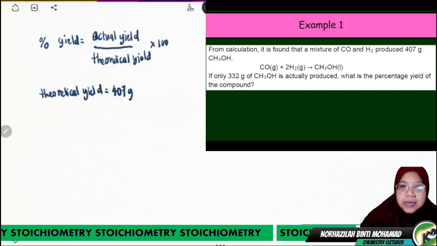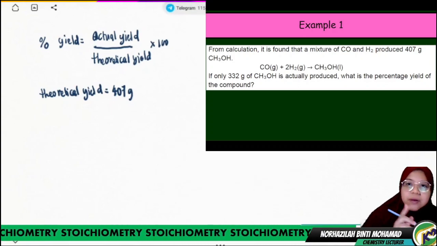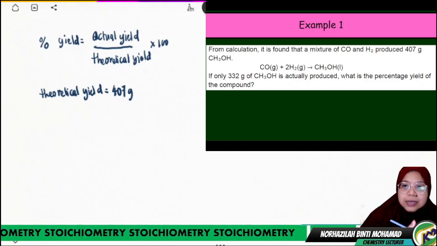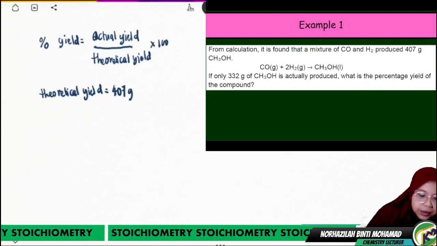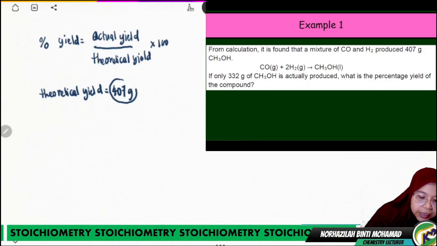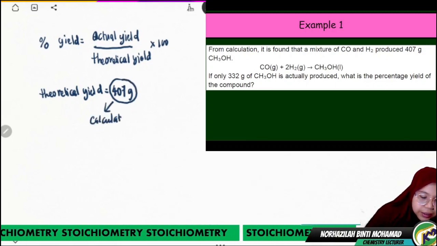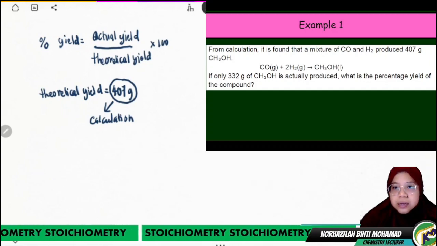Why do I say 407 grams is the theoretical yield? This is because it is said in the question, from calculation, which means that 407 here comes from the calculation. That is the first clue.